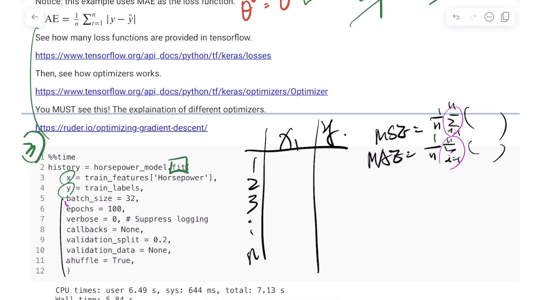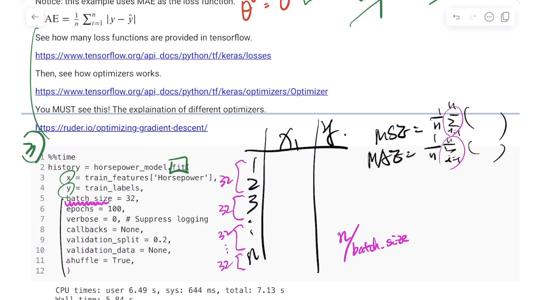But here we have an important parameter called batch size. 32 means we divide the entire n data points into several different batches.